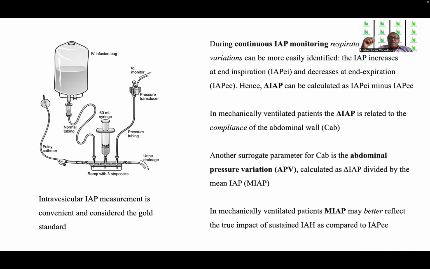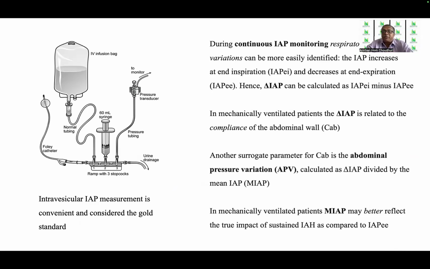In mechanically ventilated patients, the delta IAP is related to the compliance of the abdominal wall, about which I mentioned a short while ago, and how this compliance of the abdominal wall can be ensured. Another surrogate parameter for compliance of the abdominal wall is abdominal pressure variation.